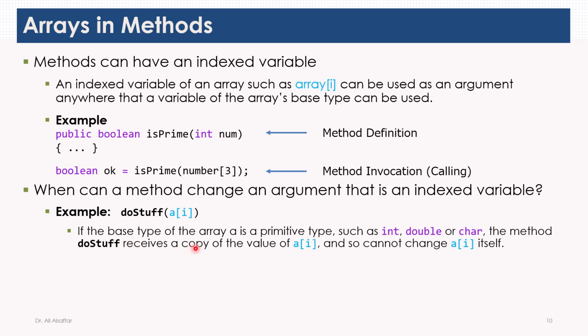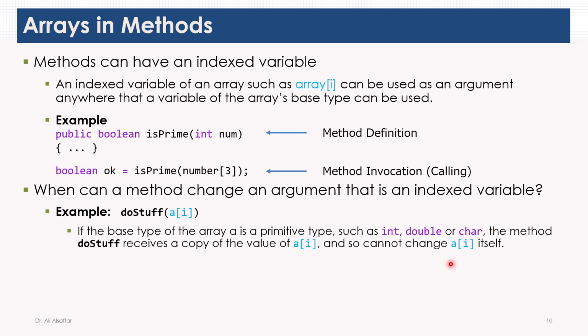If the base type of the array a is a primitive type, such as int, double, char, or float, then the method doStuff receives a copy of the value of a[i]. What does that mean? If you change it inside, you are just changing the copy, so it cannot change a[i] itself, because a[i] has the original value and the input parameter has a copy. When we change the copy, the original value will not change.